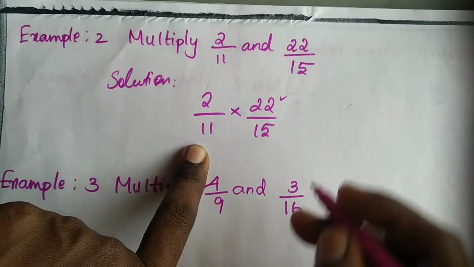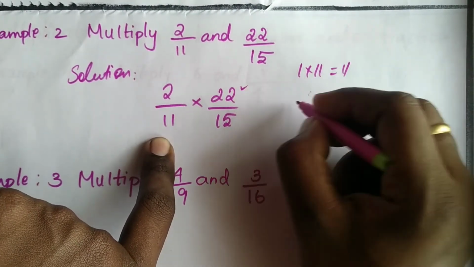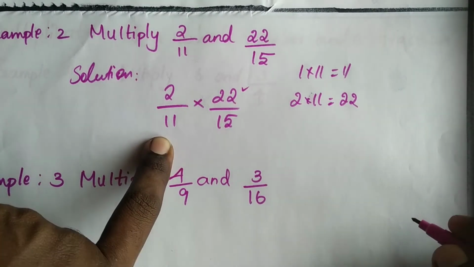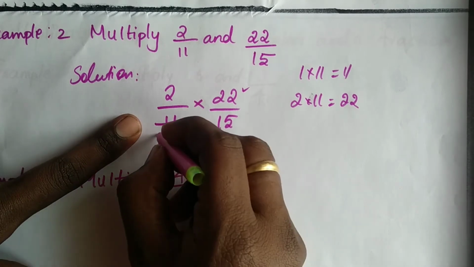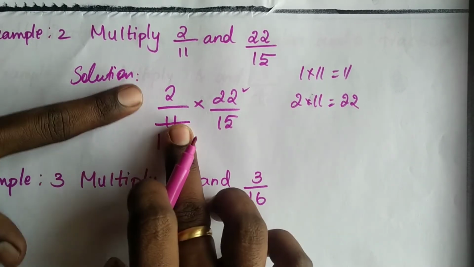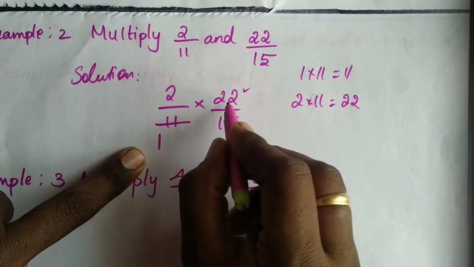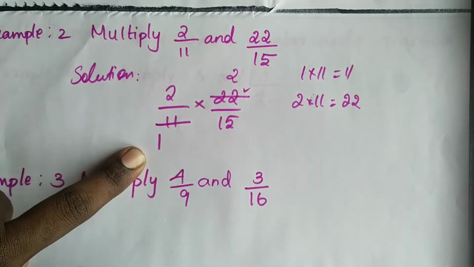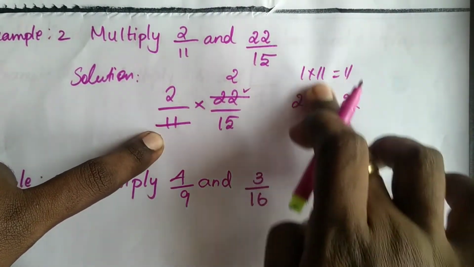Yes, very correct, it's in the 11 table. 1 11 is 11, 2 11s are 22. So cut the 11 and write 1, because 11 is 11. Cut this 22 and write here 2. Why? Because 2 into 11 gives you 22.